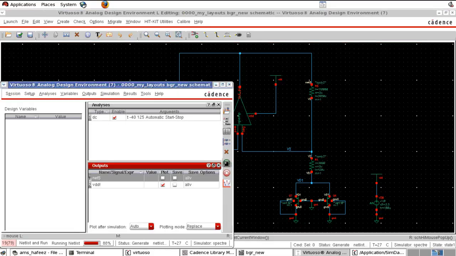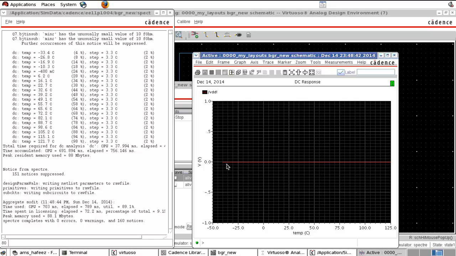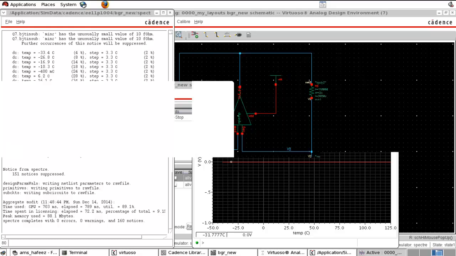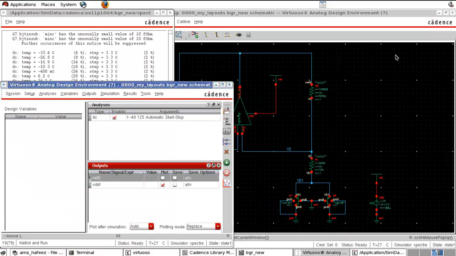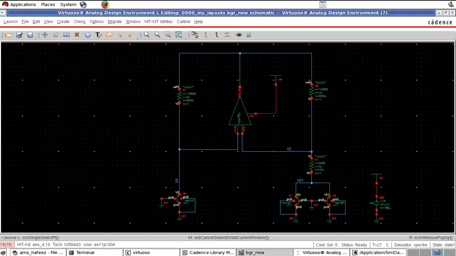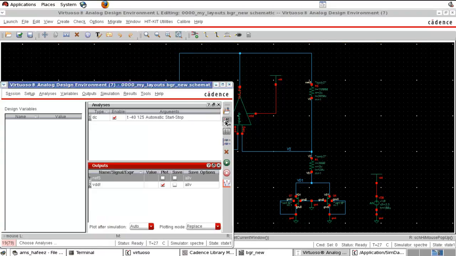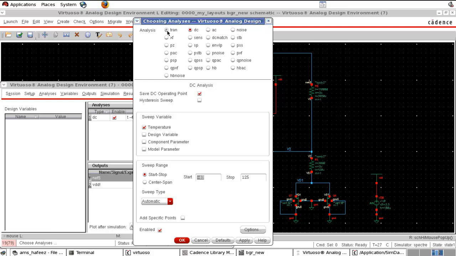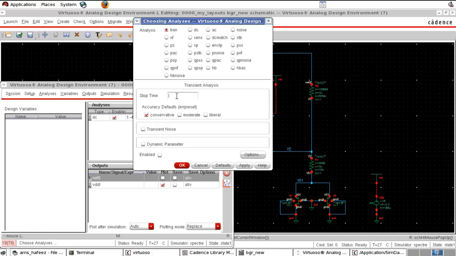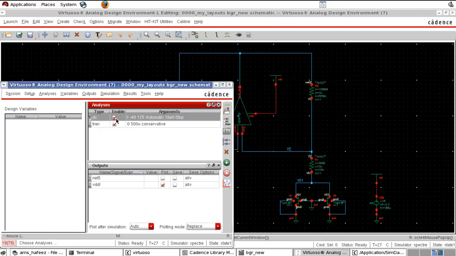In the transient response, the VDD will look like this. Let us change the analysis to transient and give this 500 microsecond, disable the DC, run the simulation.